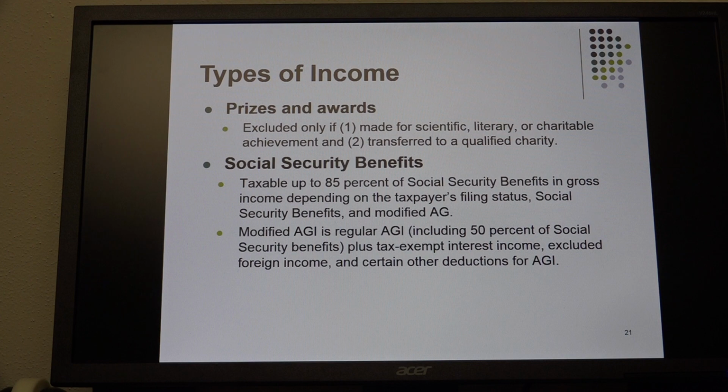Certainly if you go to Vegas and you play the slots and you win X amount, you hit the jackpot, that money is income to you. If you play the lottery, obviously the money you win if you play the lottery is income to you.